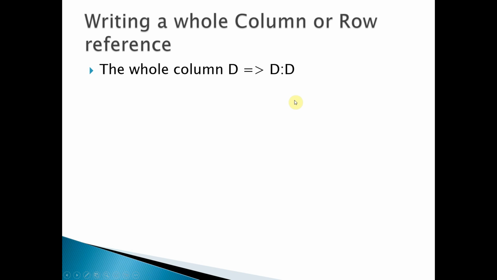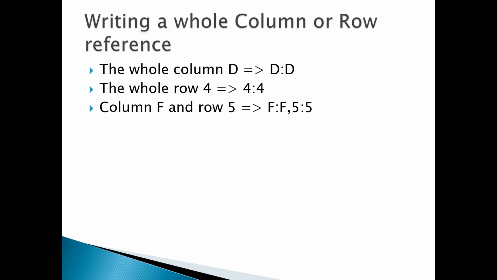I say D colon D, and I mean the whole column D. I could also say A colon D. So I would mean columns A, B, C, and D. The area from column A to column D. Similarly, for the rows, I write 4 colon 4, and I mean the entire row 4. I could also say 3 colon 15, and I would mean the area containing the entire rows from 3 to 15.